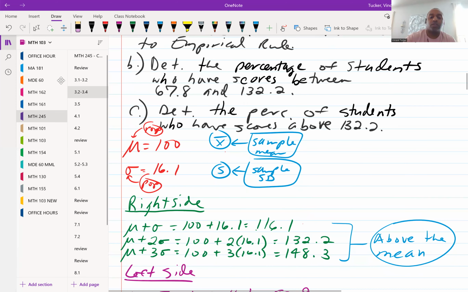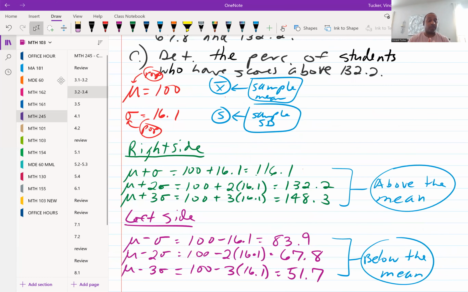So to get the other 3 values to the left of your mean, you subtract them. So there's 100 subtract 16.1, which is 83.9. Subtract 16.1 again, 67.8. Subtract 16.1 one more time, that's 51.7.